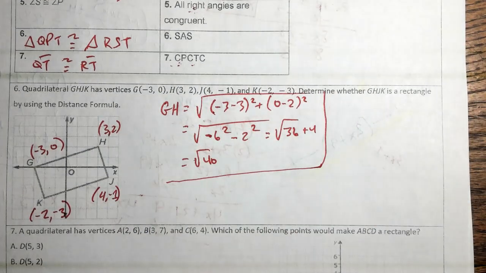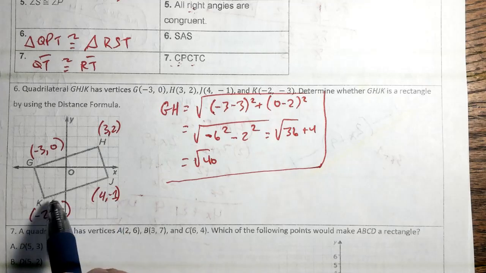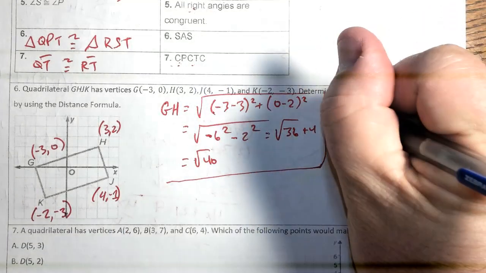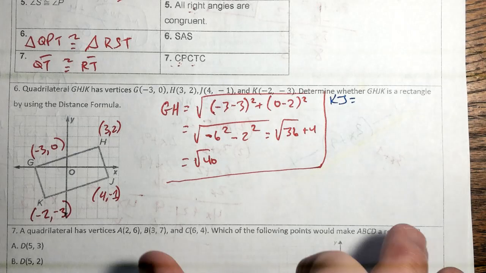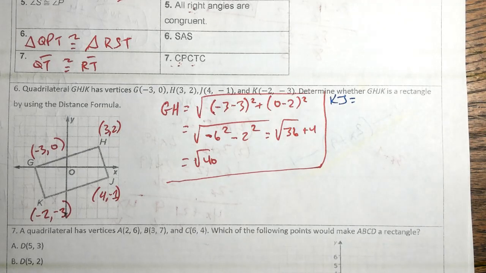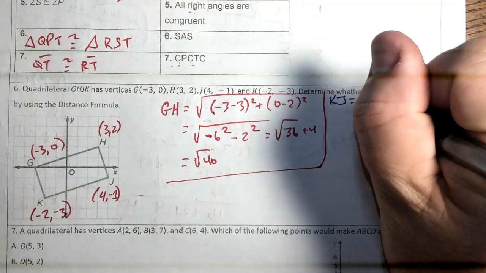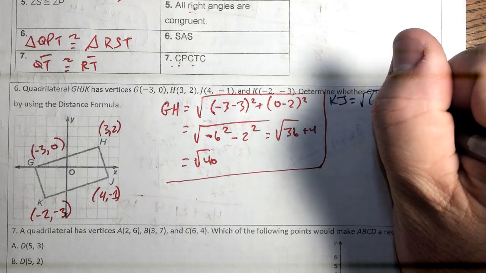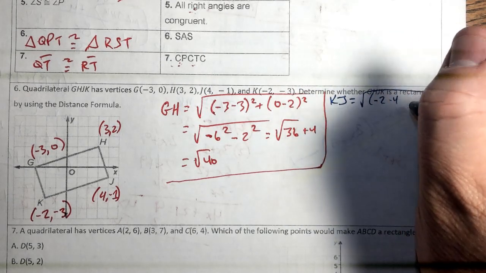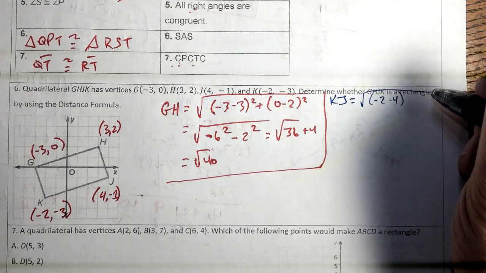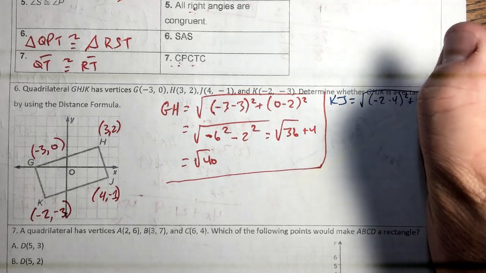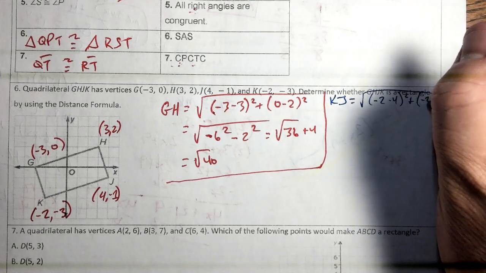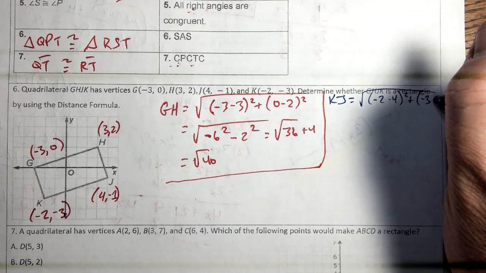Alright, I probably should have done this differently. That's okay. So over here, we got KJ. These two together should be equal, and the bottom two should be equal. I'm probably going to run out of space, but we'll do the best we can. So KJ, our x's are negative 2 minus 4. And the y's are negative 3 minus negative 1.